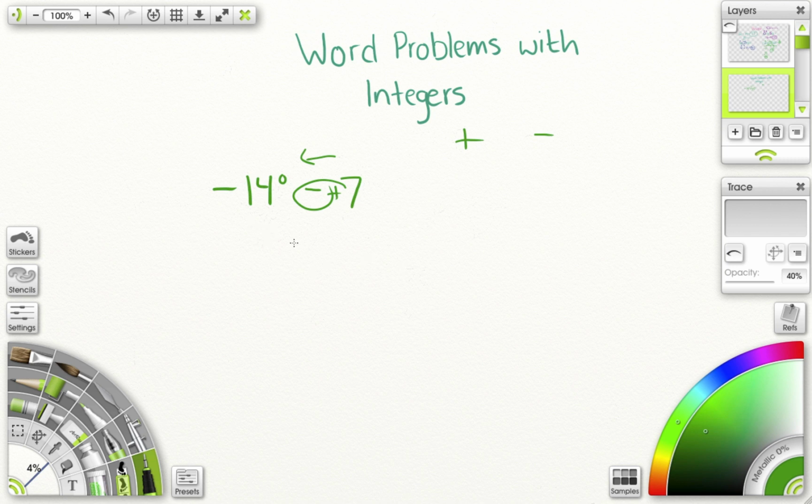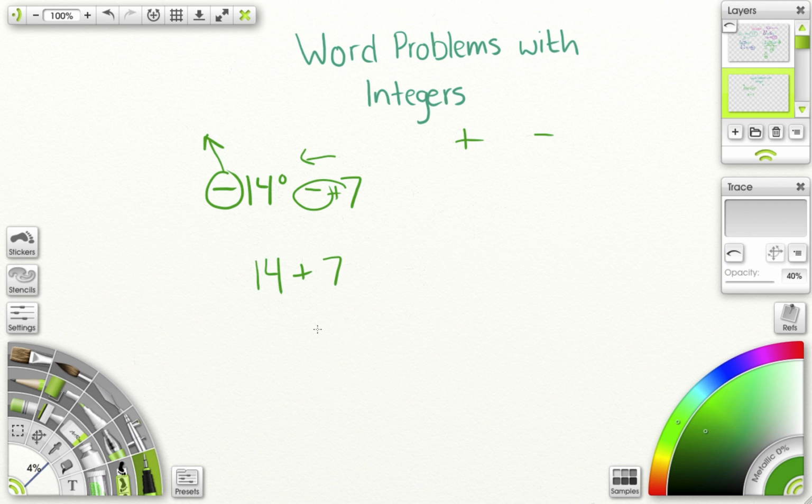All right, so I have negative 14 minus positive 7. That means I take my 14, I'm going to take this negative number and put it to the side, and I'm going to add 7 degrees, because remember, this number is going to decrease in value. By adding 7, it's getting further away from 0 when it's a negative number.